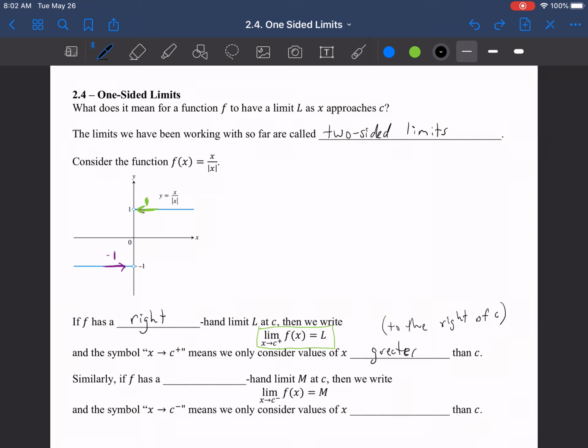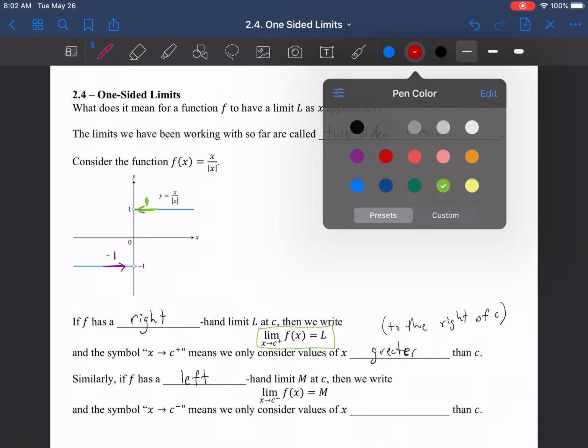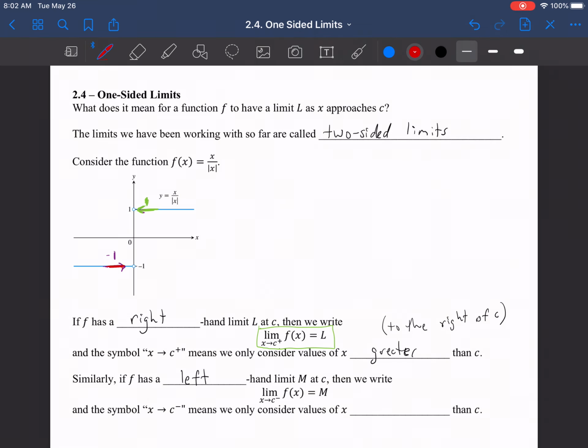Similarly, if f has a left-hand limit M at c, then we write that. And this one we'll make red, although I already had it in purple. We'll do this, -1, and that's going to be this one right here.